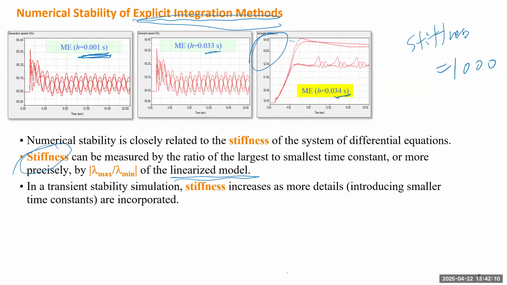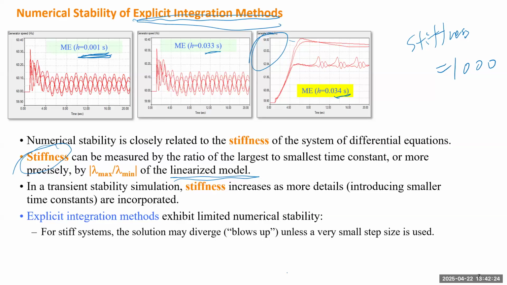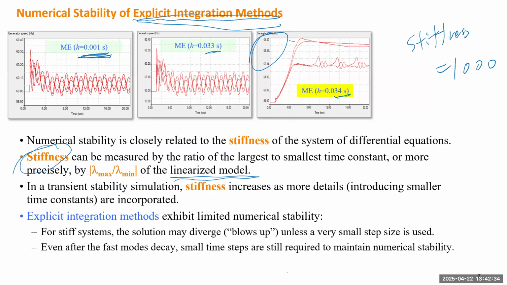Stiffness increases as more details of the power system, such as smaller time constants, are modeled or incorporated into the equations. Explicit integration methods have limited numerical stability. For a stiff system, the solution may diverge or blow up unless a very small step size is utilized.